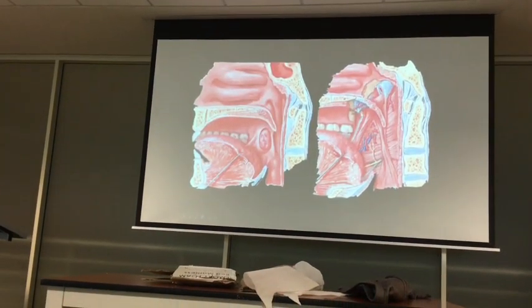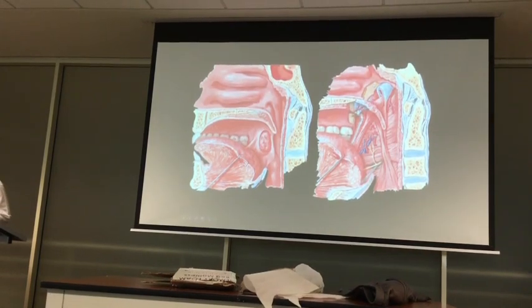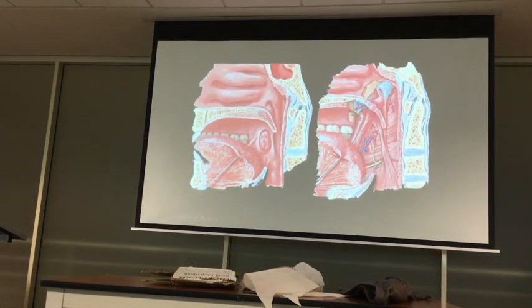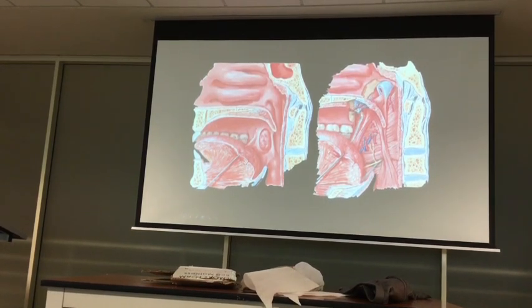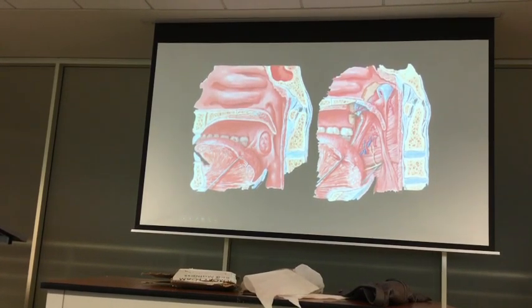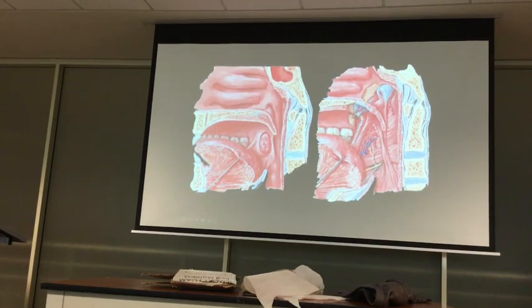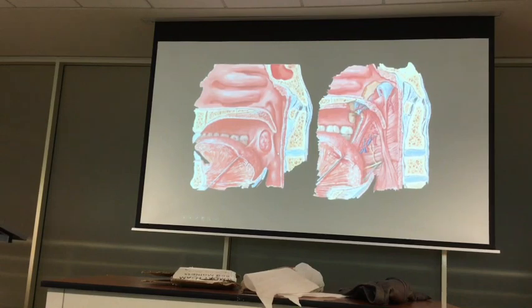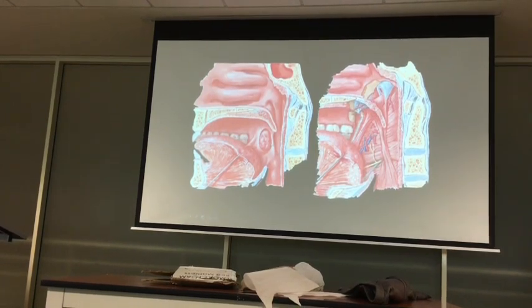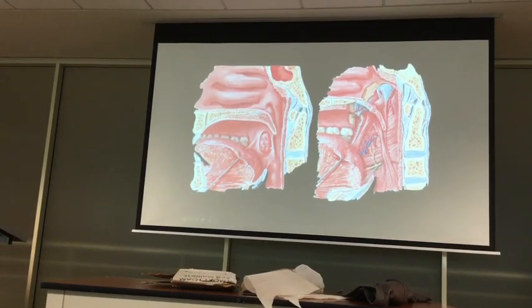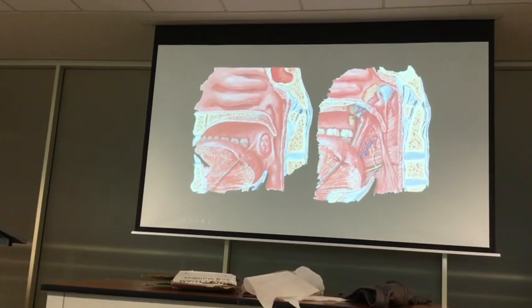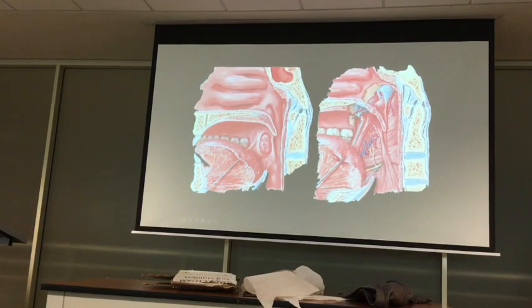Okay. Now, please watch with me. Here is the soft palate, and here is palatoglossus. The palatoglossal fold contains the palatoglossal muscle coming from up, and this is palatopharyngeal coming from up. Between the two is the palatine tonsil, which is supplied by the glossopharyngeal nerve. And here is the glossopharyngeal nerve for the posterior third of the tongue.